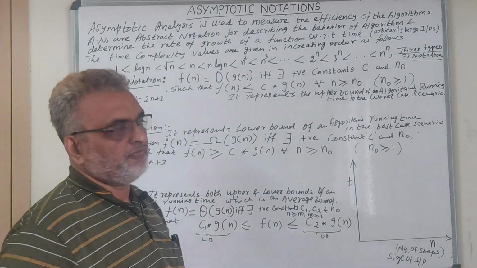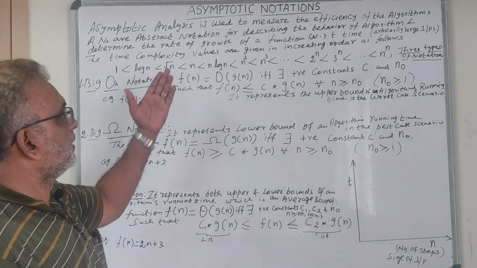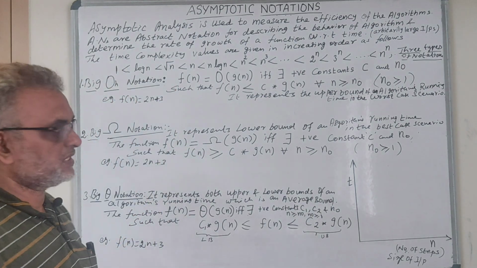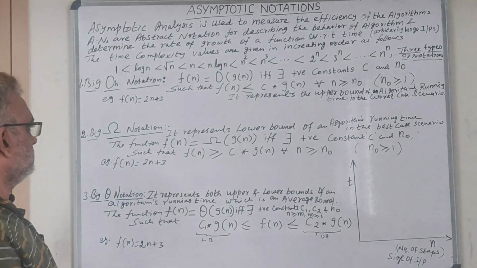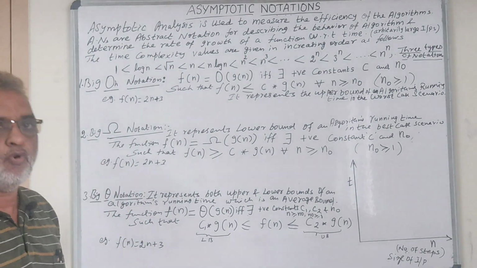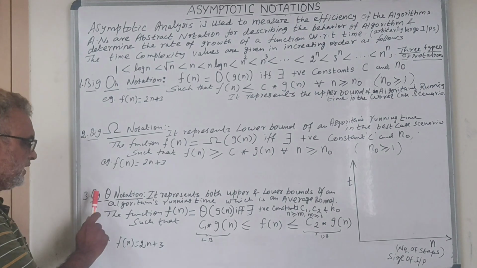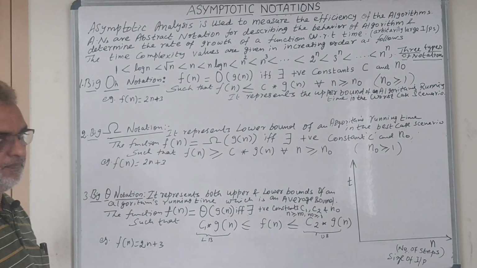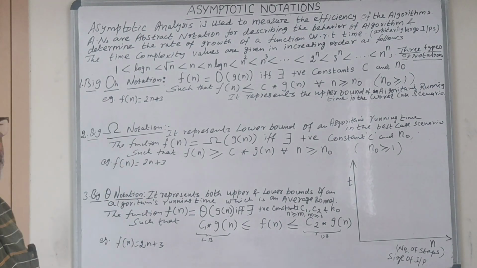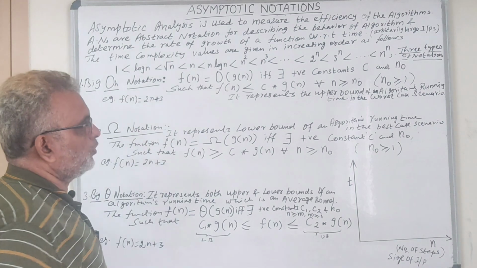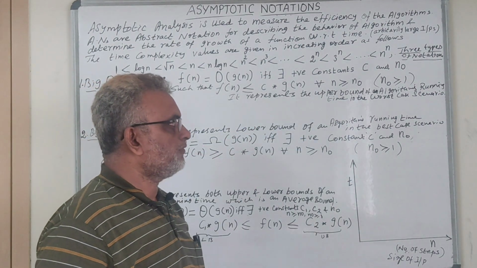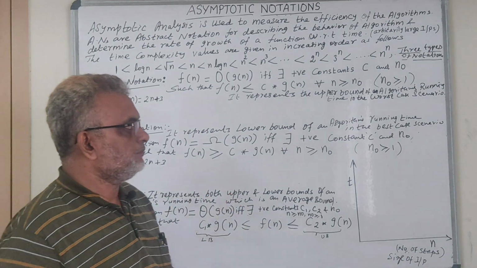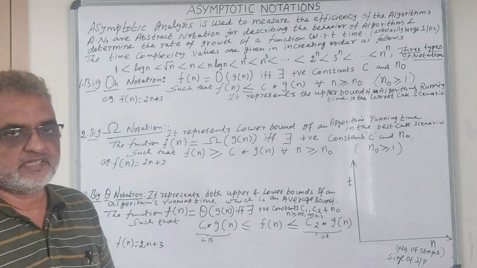There are three types of notations available as far as asymptotic notations are concerned. Number one is big O notation. Number two is big omega notation. Number three is big theta notation. Let us see one by one. Big O notation represents the upper bound of an algorithm's running time in the worst case scenario.